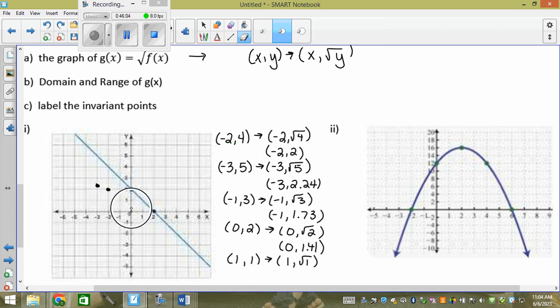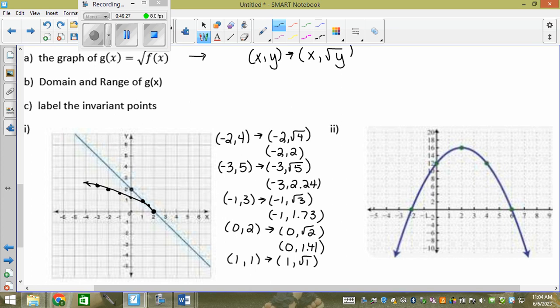Negative 1 and 1.73. 0 and 1.4. 1 and 1. This one remains invariant, remember? These stay invariant. And then 0.5 you just draw a little above because it goes outside of it at 0.7. And you get this graph.